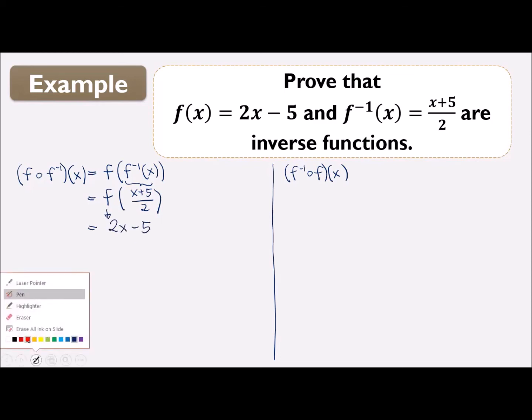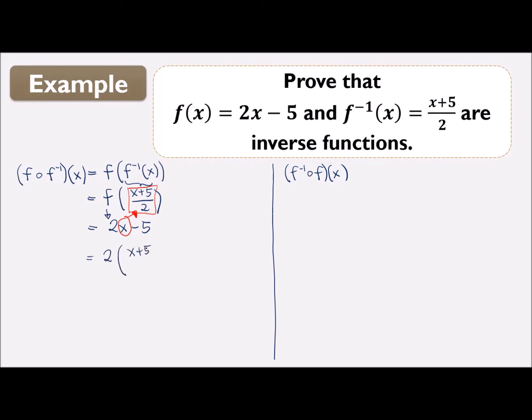So, let me change the color for you to be guided. Yung x dito na given, ang ipapalit mo, itong inverse. Okay? So, ngayon, magiging 2 times x plus 5 over 2 and then minus 5. Then, simplify mo lang. As you can notice, pwede tayong may i-cancel.